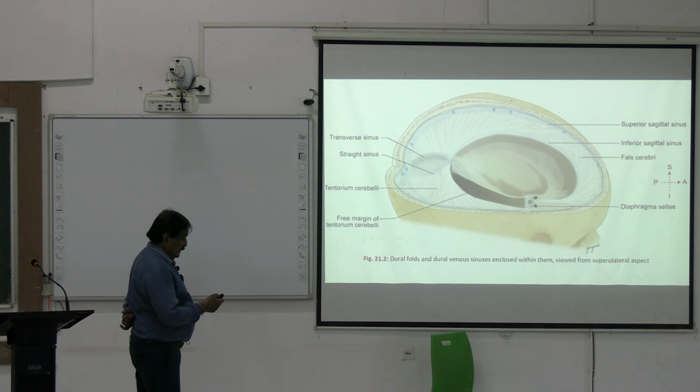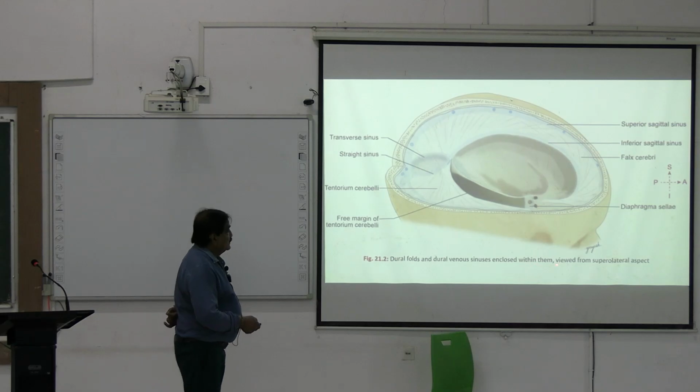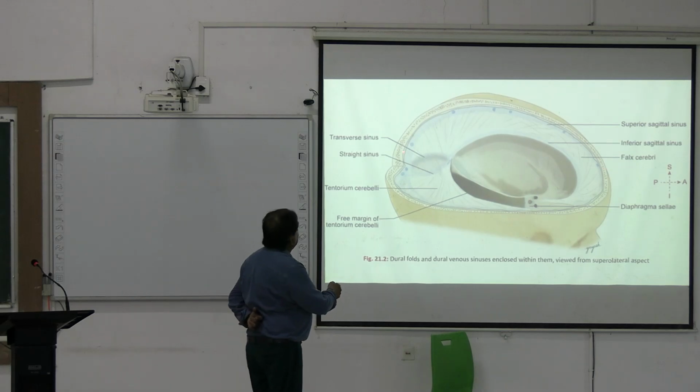Now, these are your dural folds and the dural venous sinuses enclosed within them, viewed from the supralateral aspect. This is the transverse sinus, straight sinus, tentorium cerebelli, free margin of the tentorium cerebelli, and your falx cerebri, this much.